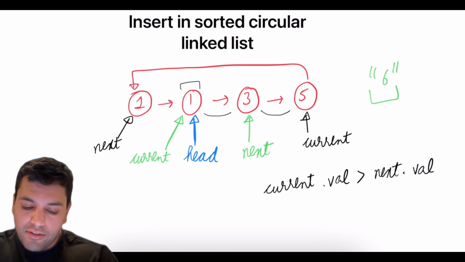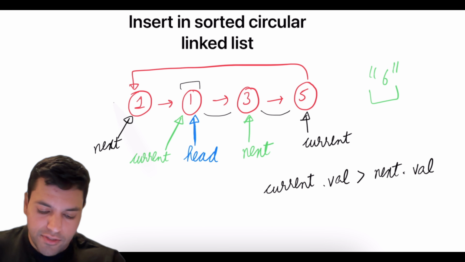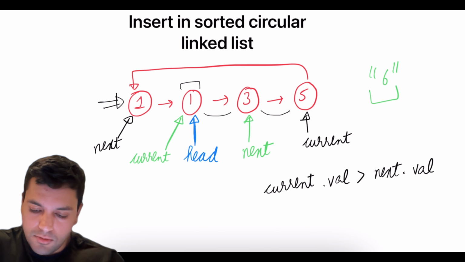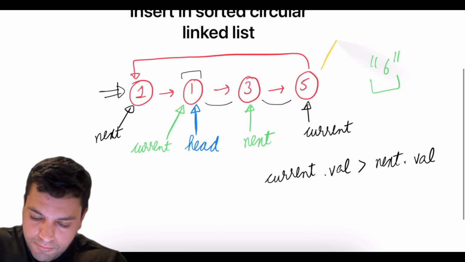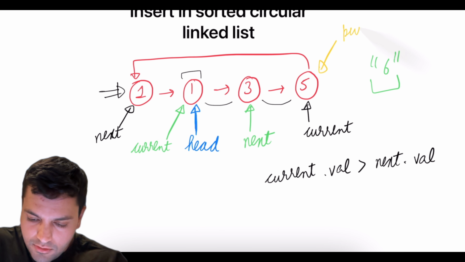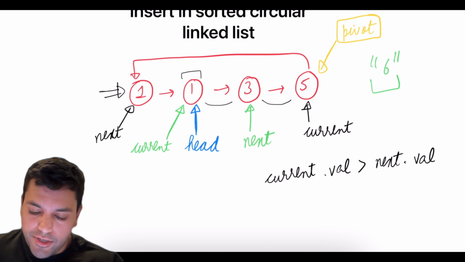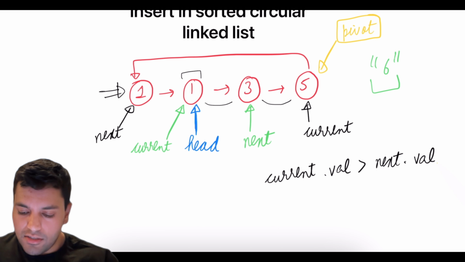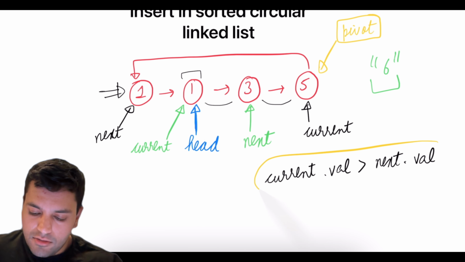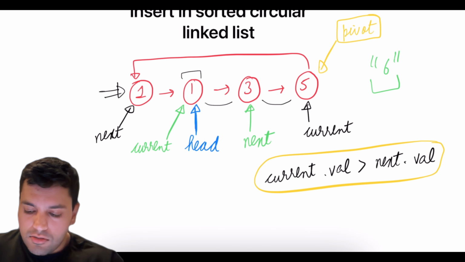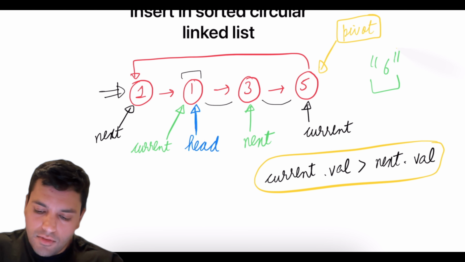So this node 5 is basically the largest value in our sorted circular linked list with respect to this node 1. So we can also call this node a pivot node. So let me call this pivot. So think of pivot as the biggest element in our sorted circular linked list. So here for this case, the current.val is greater than next.val. And when this happens, we can insert value 6 here.